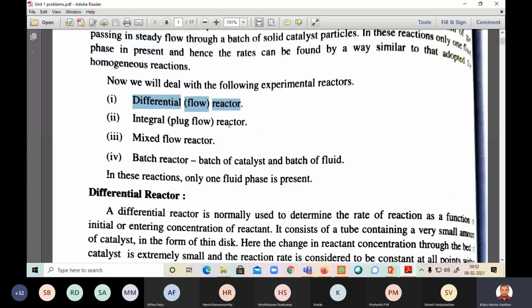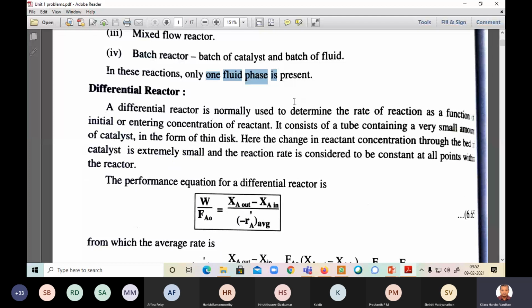Again, for whichever of the 4 types of reactors, we assume at least one liquid phase is present. The rest can be a solid. What is a differential reactor? This is a very important 2 marks question.